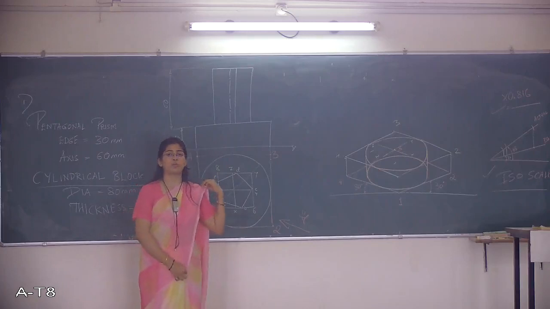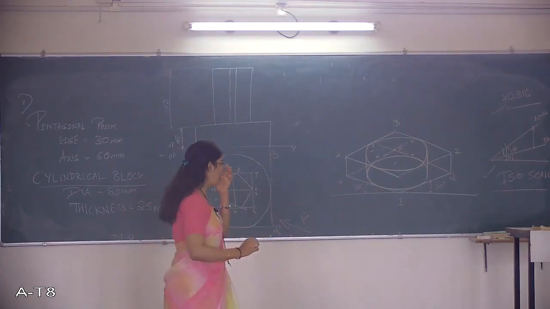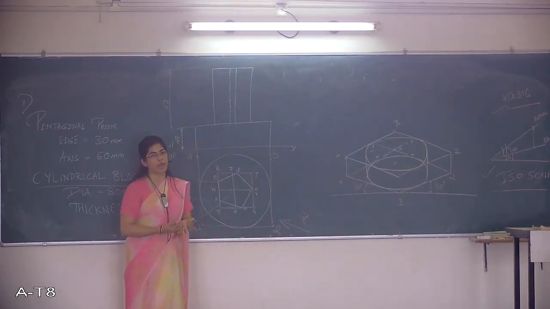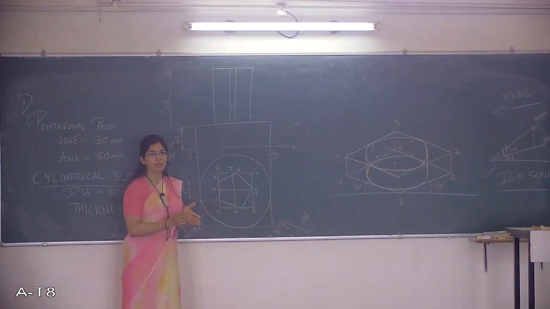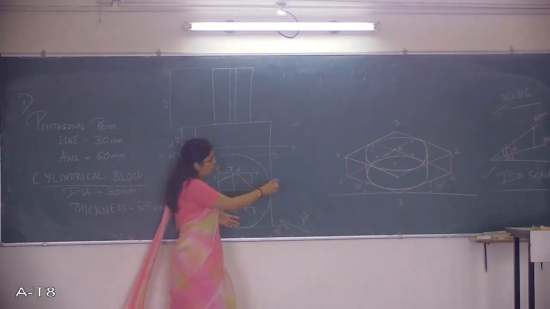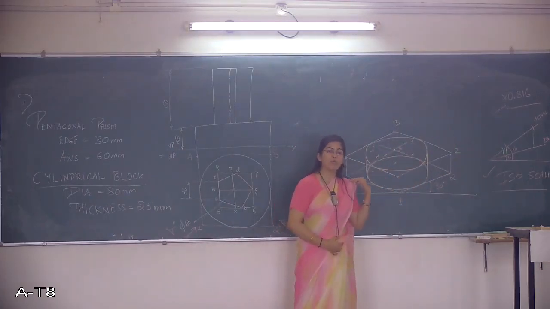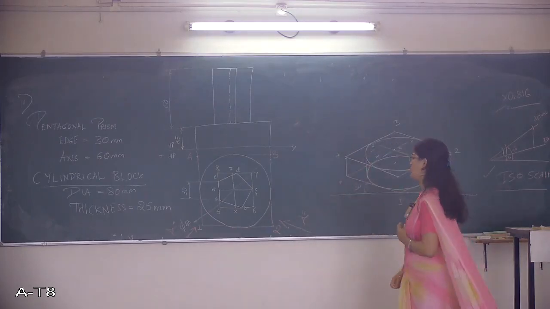Remember, in isometric projections it's very important that you mark the iso scale values with respect to those lines which are parallel to the isometric axis. If any of the lines, for example E to D, is not parallel to the isometric axis, you cannot measure it, take the iso value and mark it. You cannot do that. You have to mark only those lines which are parallel to the isometric axis.